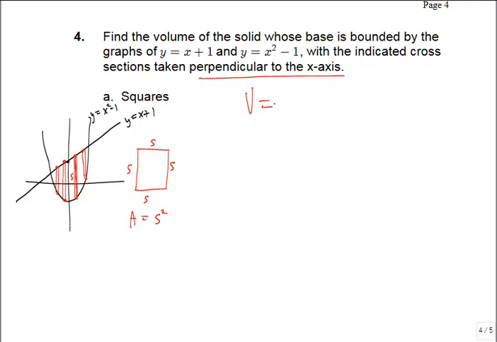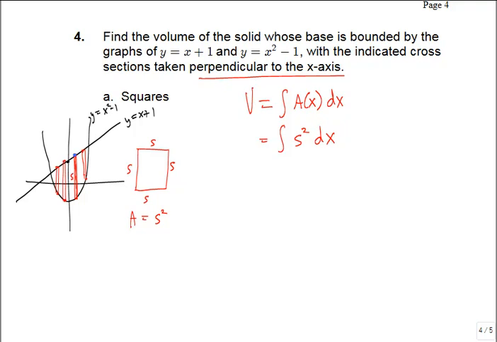So my volume integral, because these are perpendicular to the x-axis, crossing that x-axis, is a dx integral. So the integral of that area function with respect to x. And my area function, since we're talking about squares, would be side squared. So we just need to figure out what s is in terms of x, and then we'll know what to integrate. So how do we find out s?